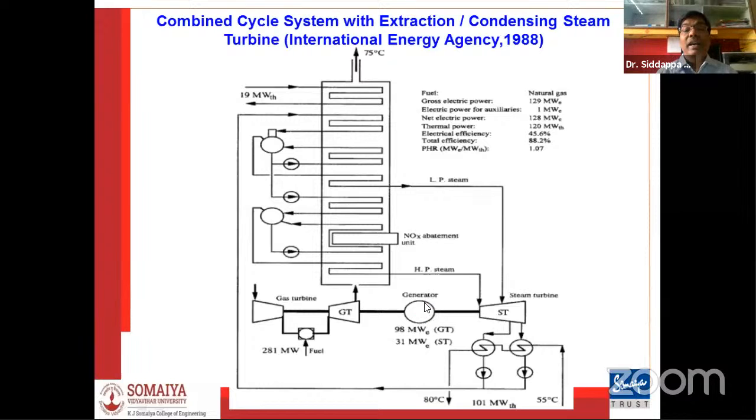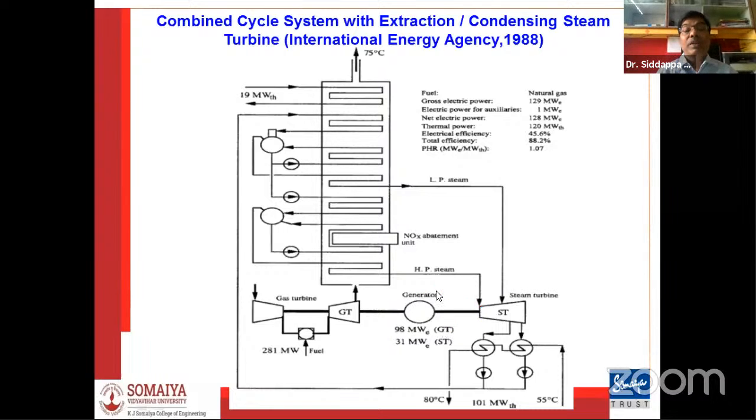Like in our internal combustion engines, in a multi-cylinder engine, the to and fro motion of the cylinders or the rotary motion of the crankshaft is used to run a single shaft. That means they combine all the power output at a single point. Like this, all the power output from the entire system is used for a single generator.